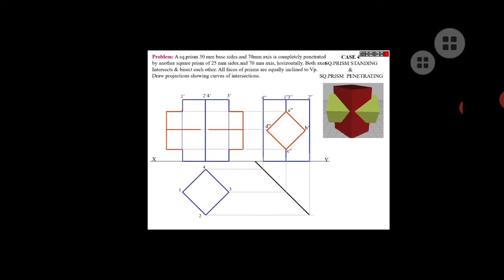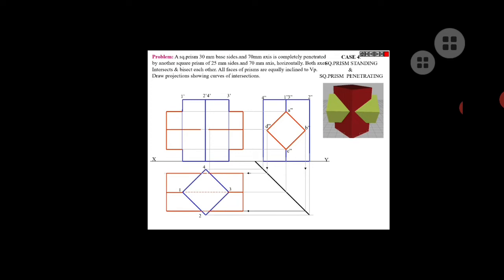Mark as full length. Then firstly mark the first horizontal points, that is D. So mark D, similarly mark B on the top view of the prism and mark the sides.